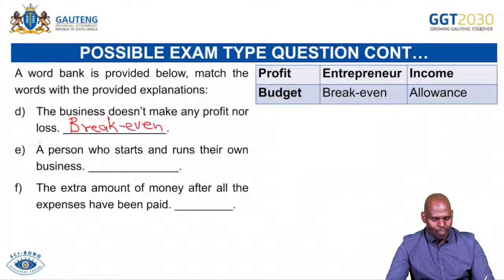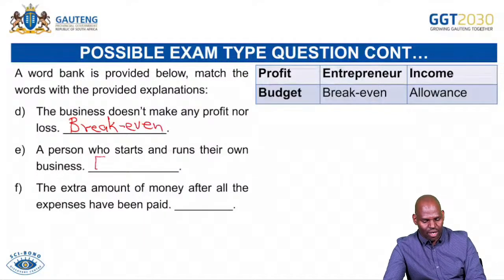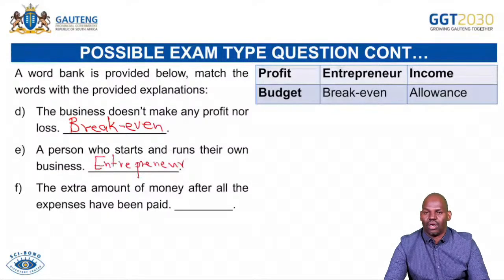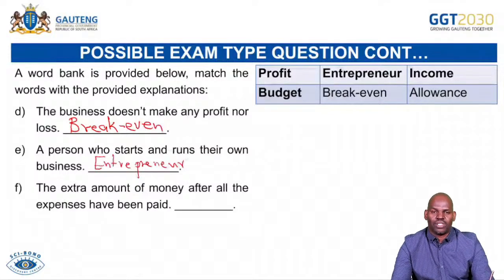Then E is a person who starts and runs their own business. A person who starts and runs their own business. So, of course, it's an entrepreneur. Entrepreneur will be a person who starts and runs their own business.